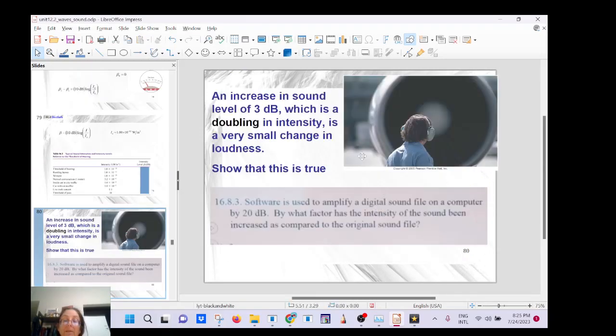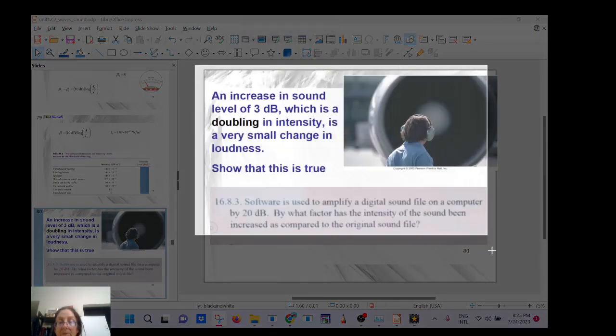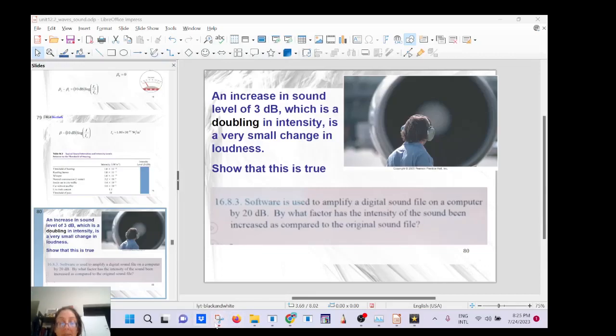So this one is easy. An increase in sound level of 3 decibel. So 3 decibel, we have seen before that you multiply by 2. Okay, so that means the intensity is multiplied by 2. We did that before.